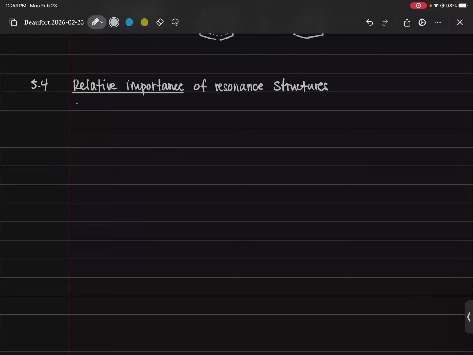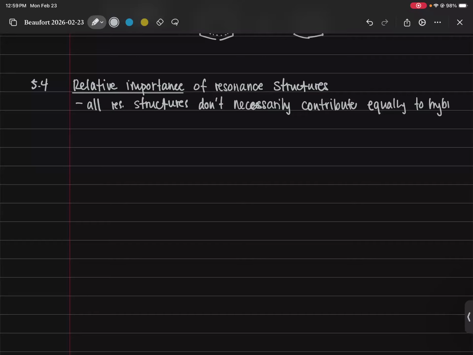So the main thing here is that all the resonance structures that you can draw don't necessarily contribute equally to the resonance hybrid.